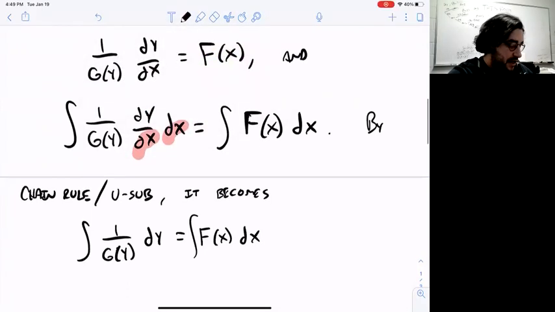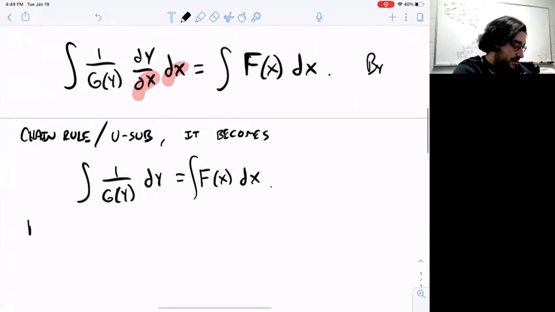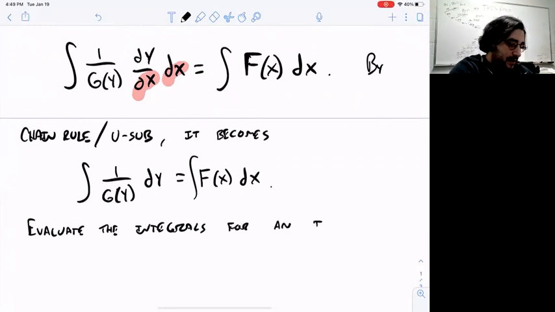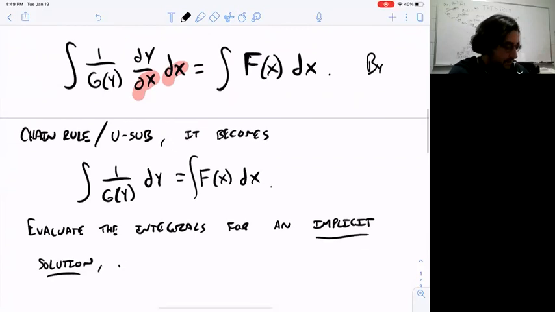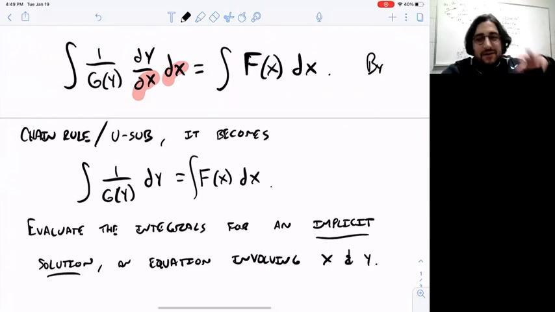So that's our process. From here, you just evaluate the integrals. When you evaluate the integrals, if you can evaluate them, you'll at least get an implicit solution, meaning an equation involving both x and y, but maybe they're all tangled up.